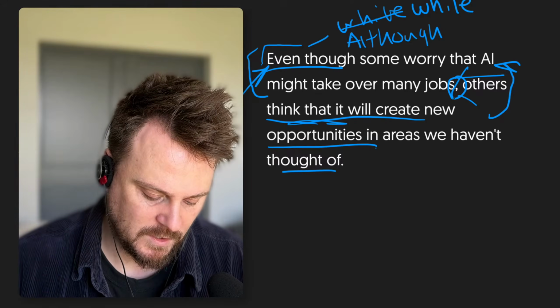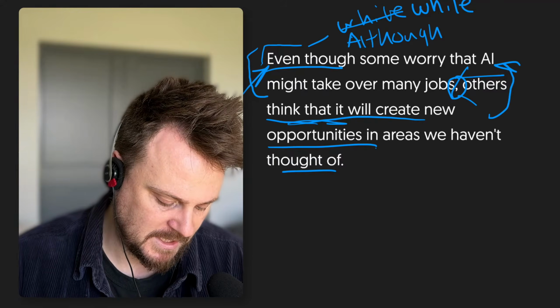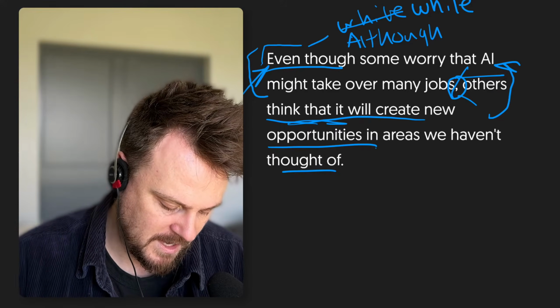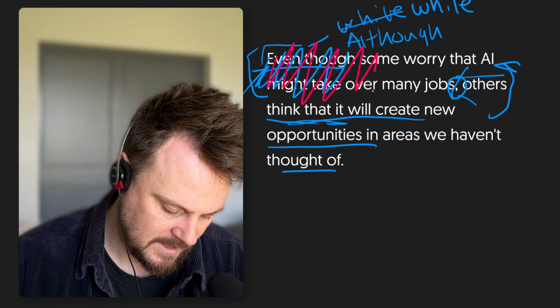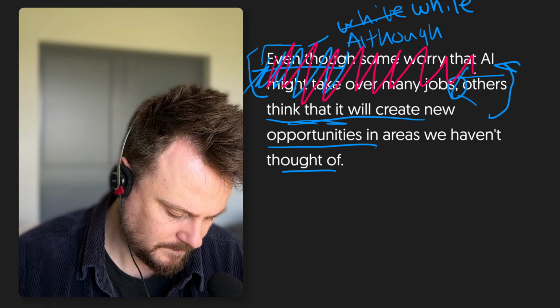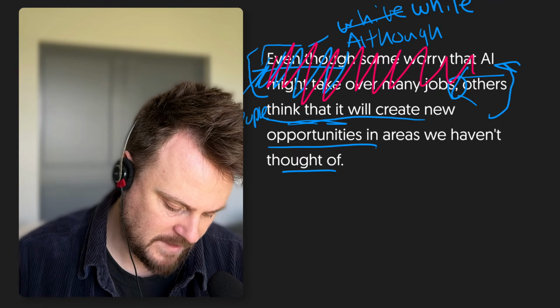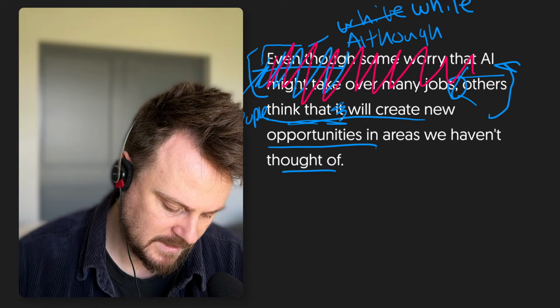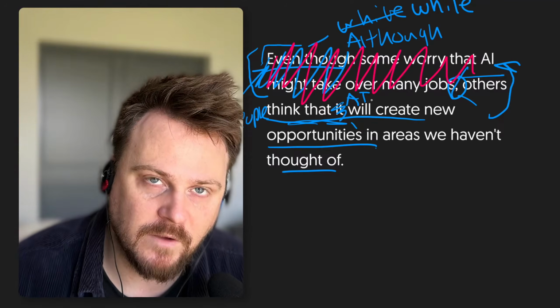And if I wanted to, I could make a whole sentence. I could get rid of this whole thing. I could just get rid of all of this like that. And I could say, people think that AI will create new opportunities in areas we haven't thought of.